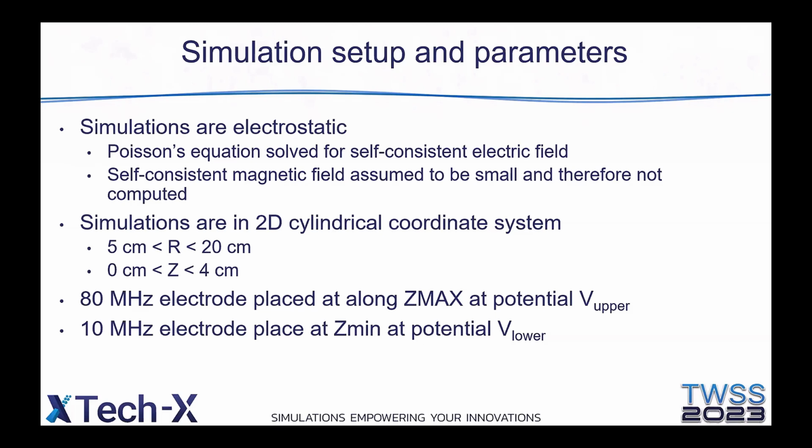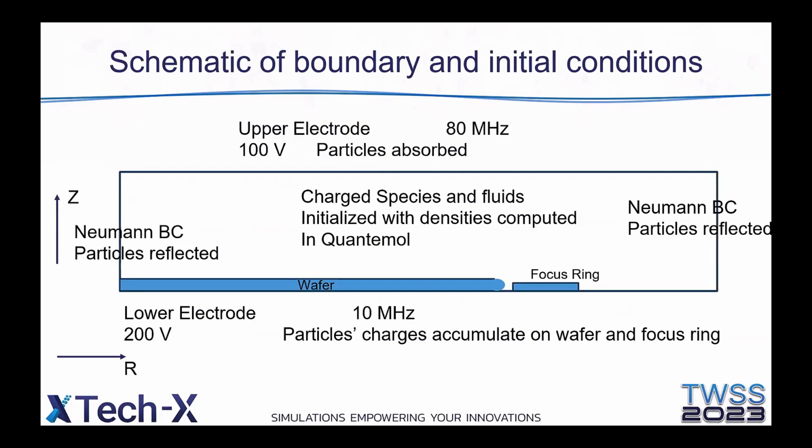I've included 2 electrodes: an upper electrode at 80 megahertz with a 100 volt amplitude, and then the lower electrode, which is below the wafer, at 10 megahertz. So this is a 2 frequency CCP type problem that I'm modeling.